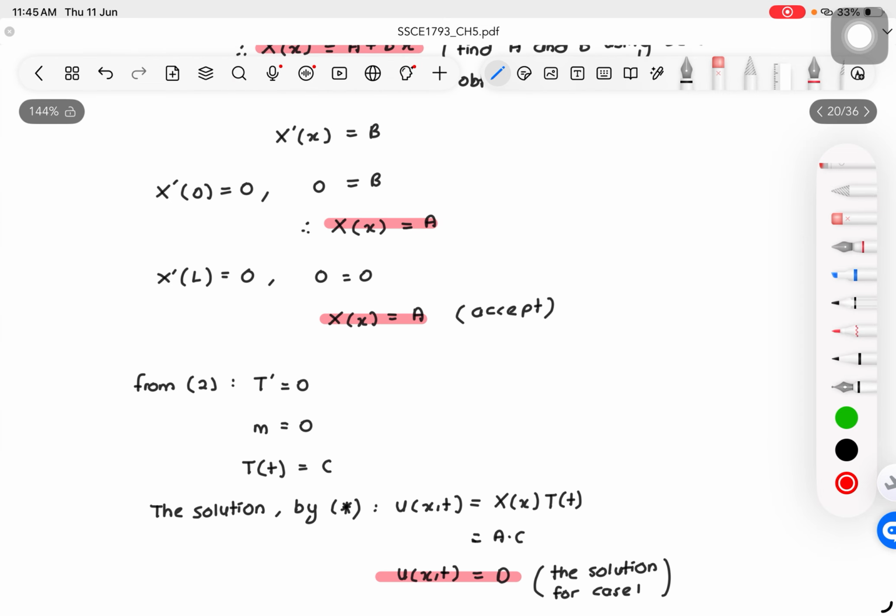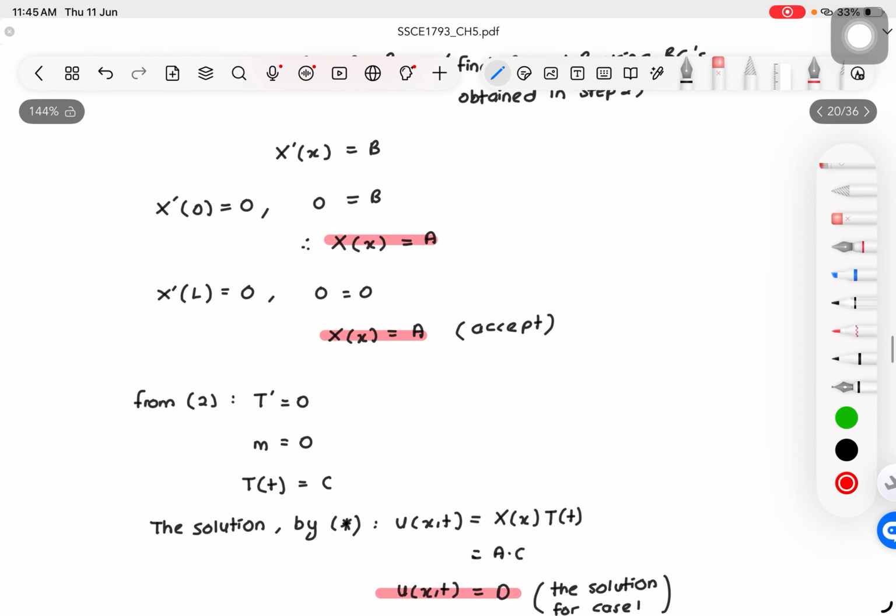This is in case 1, meaning that we use lambda is equal to 0, then substitute inside the equation of t. So we obtain t prime is equal to 0. Then you need to find the roots, so m is equal to 0. So your general solution for t is equal to c.